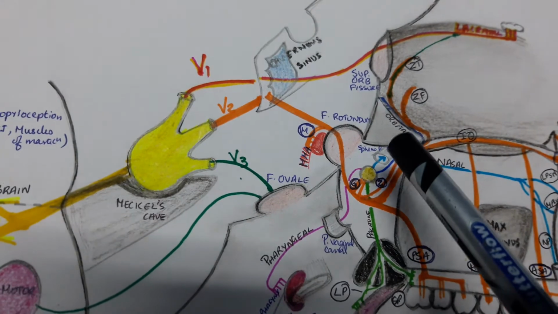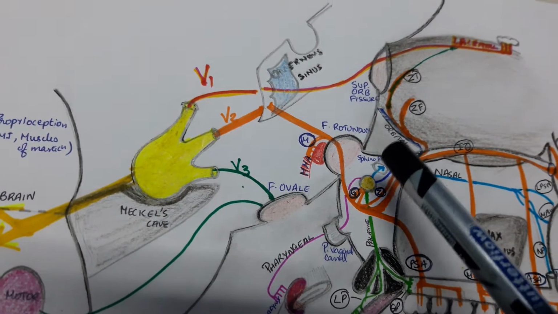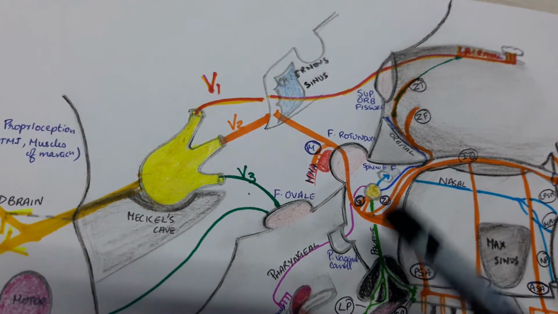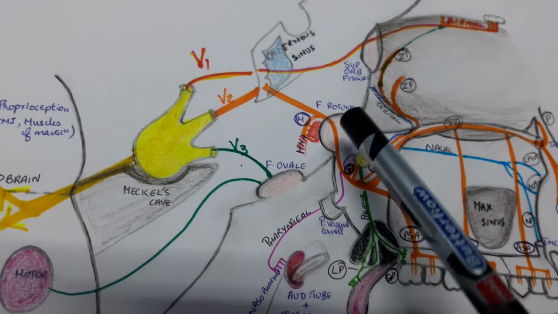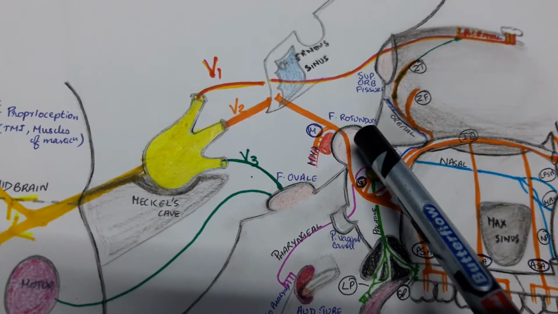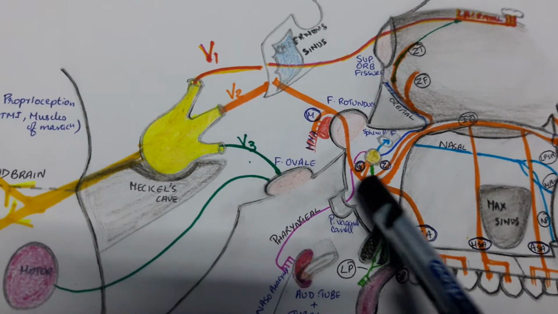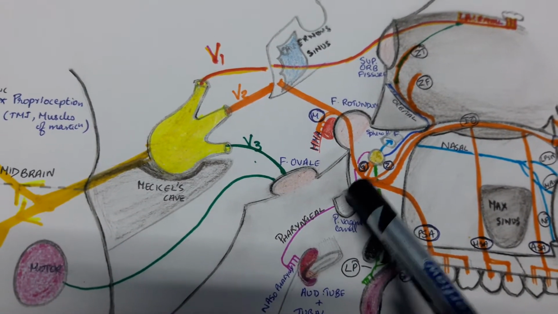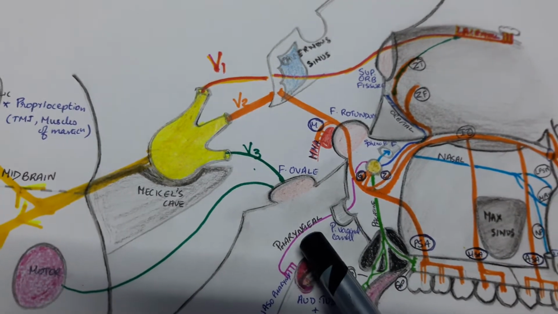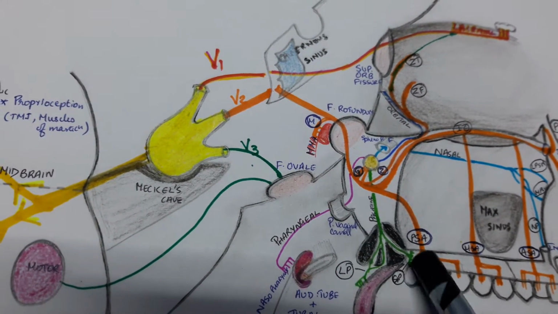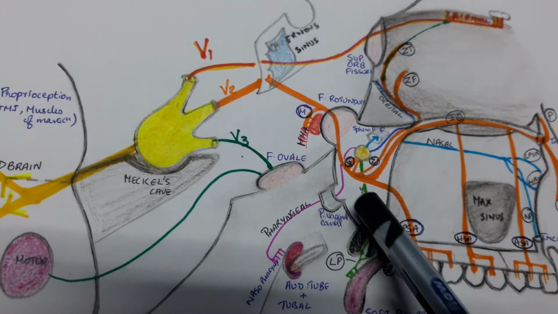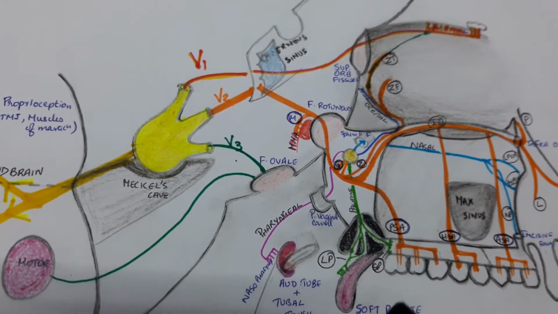And this is the sphenopalatine foramen that will be present on the medial wall of the fossa. That will be the communication to the nasal cavity. On the posterior wall, we have the foramen rotundum and the palatovaginal canal. Here it will connect through the pharynx. At the lower border, you can see the pyramidal process of the palatine bone with the various canals.